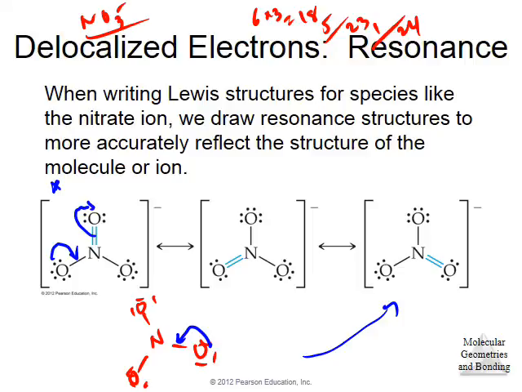So that's how you end up with the second structure. From one structure you get the second one. If you look at the formal charges, each oxygen with a single bond would have -1 and nitrogen would have +1.